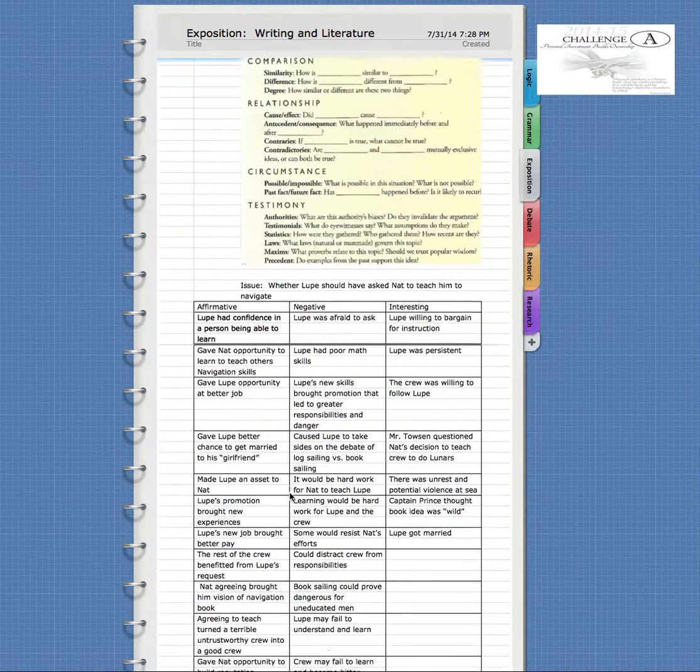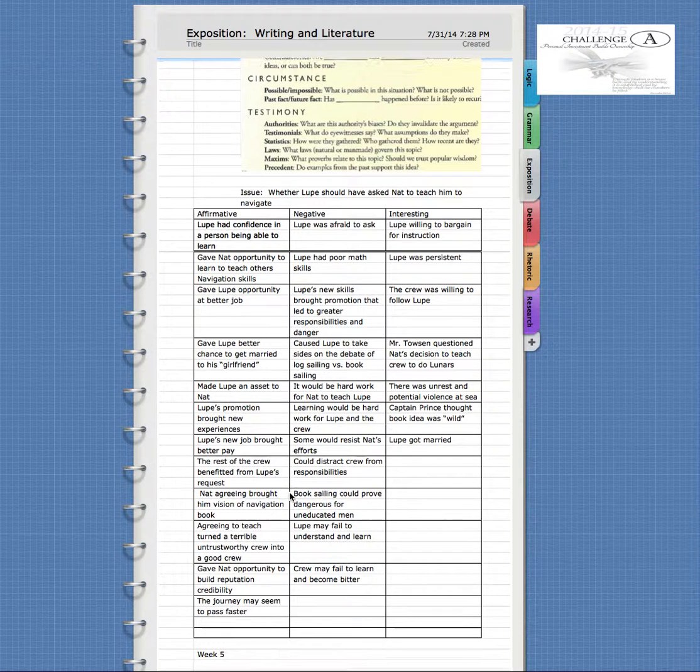Here is where I began an Annie chart for the issue whether Lupe should have asked Nat to teach him to navigate. What I suggested when I sent out an email about this was to first have your child do an Annie chart like you did before, just brainstorming, and then go back and do the worksheet on pages 11 and 12, where it walks them through asking some questions.